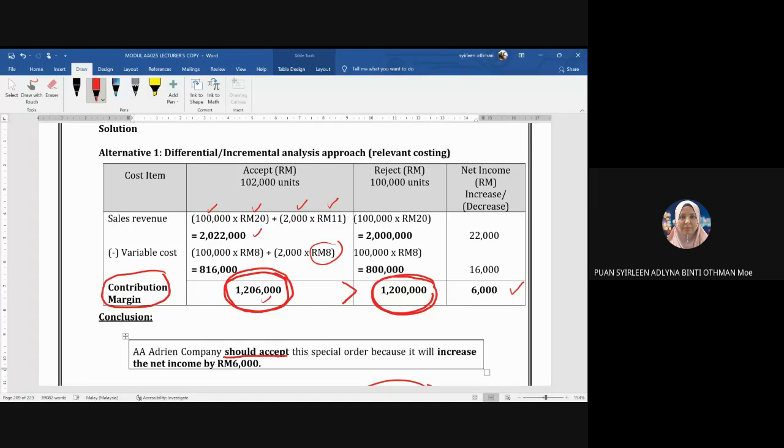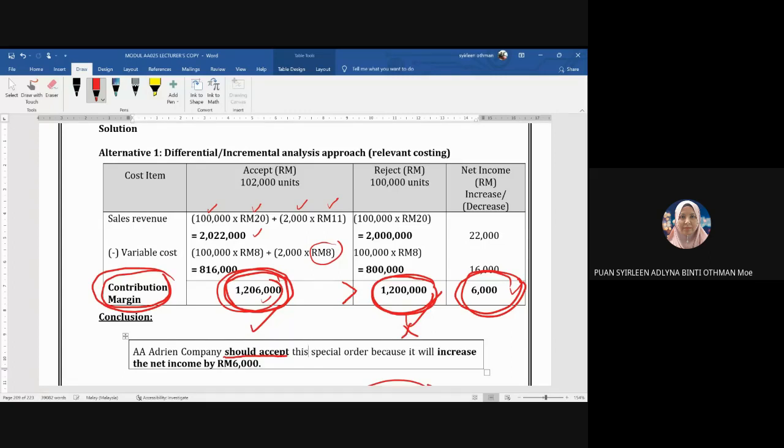Kalau make tadi you nampak ni lagi besar, you akan buy. Tapi sebab accept or reject ni, kita bukan tengok cost, kita tengok contribution margin. So kalau dia positif kat sini, my decision will be accept. Kalau dekat make or buy tadi, kalau dia positif kat sini, my decision will be buy. Okay, so yang ni you kena faham betul-betul.